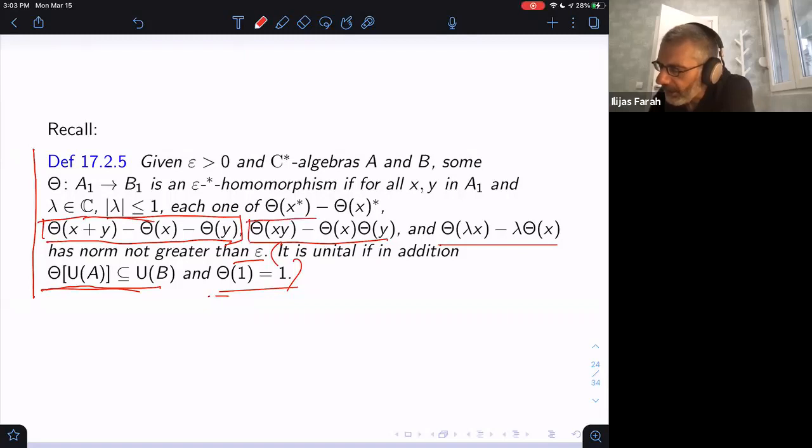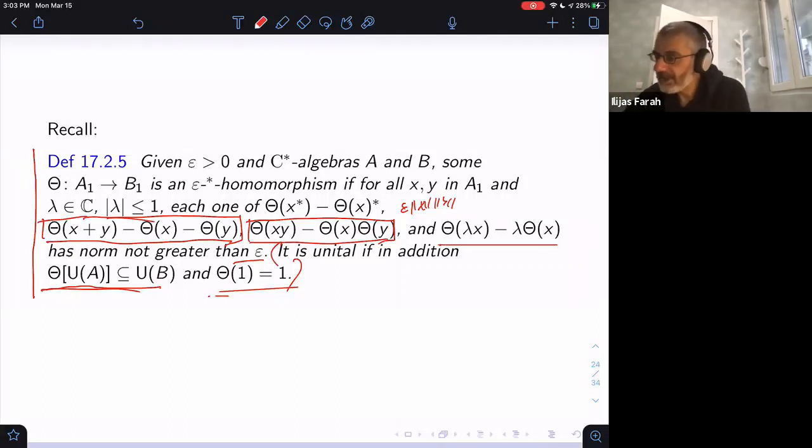But also, if you want to look at the norm of this, it's sometimes more natural to bound it depending on the norm of x and the norm of y, up to some epsilon. So let's say that the norm of this is less than or equal to epsilon times the norm of x times the norm of y, instead of requiring exactly the same precision for the entire unit ball.